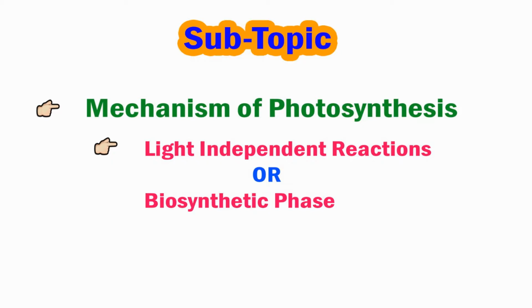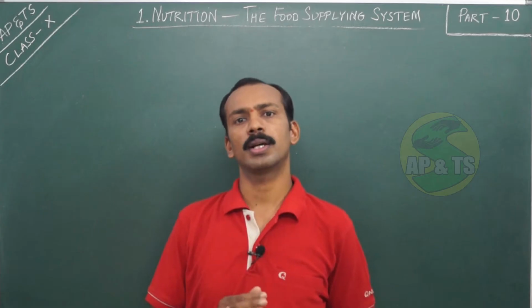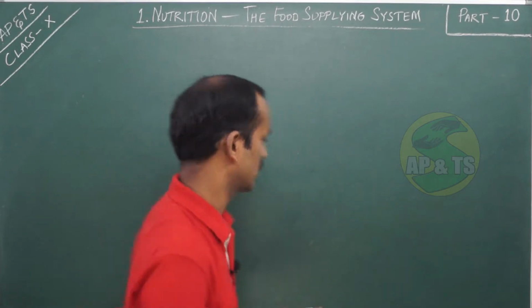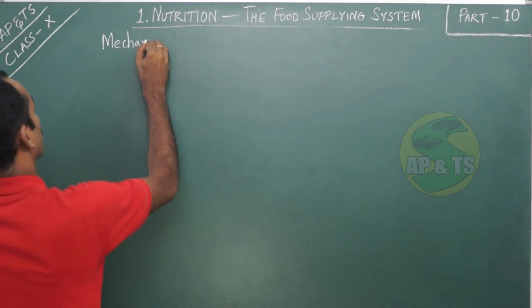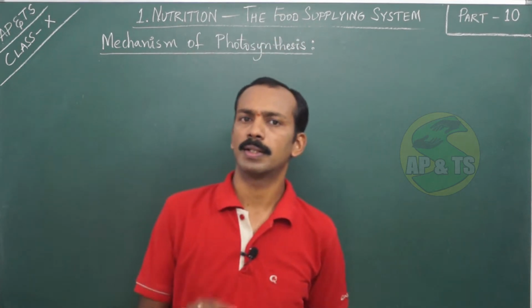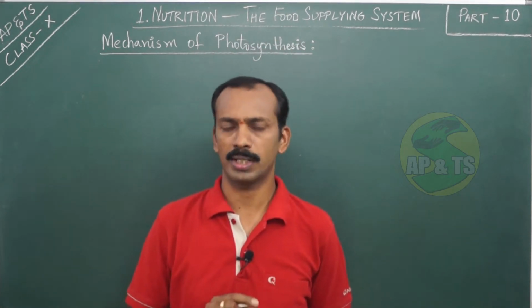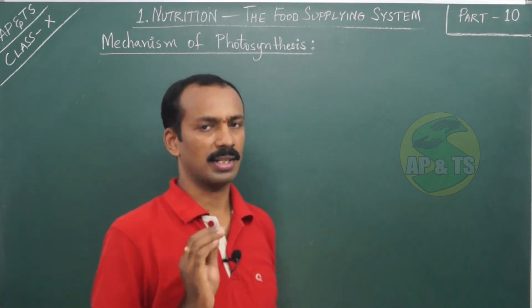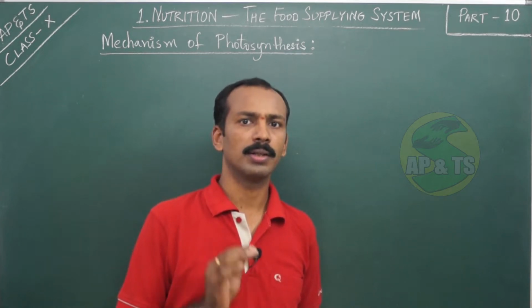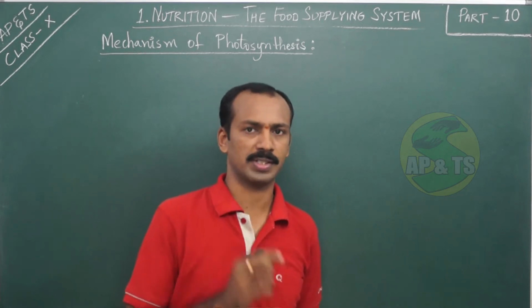light independent reactions, also called as biosynthetic phase. Okay children, now let us see the mechanism of photosynthesis. Under this, the second stage, that is dark reactions or light independent reactions or biosynthetic phase.